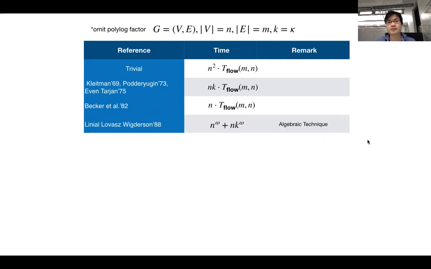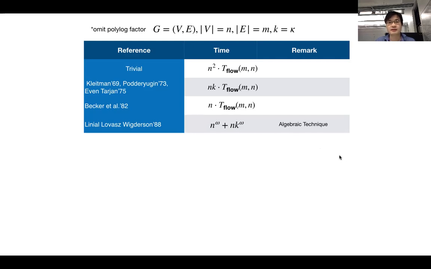And then another round of improvement is from an algebraic technique by Linial, Lovász, and Wigderson in 88, which computes vertex connectivity in time n^omega plus n times k^omega, where omega is the matrix multiplication exponent.